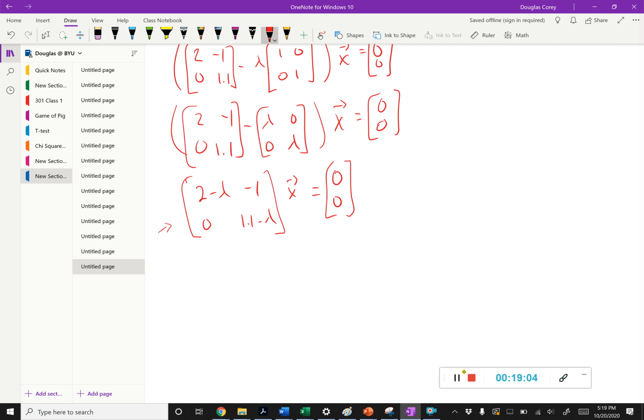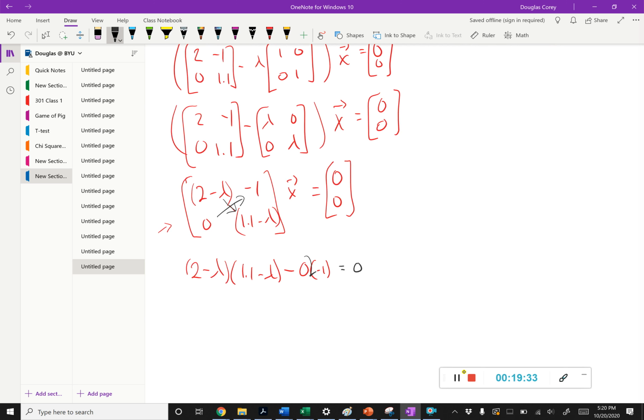With the 2 by 2, the determinant's pretty easy. I'm going to take these terms and multiply them: 2 minus lambda times 1.1 minus lambda, minus 0 times minus 1. So subtracting the multiples along those diagonals, that has to equal 0.